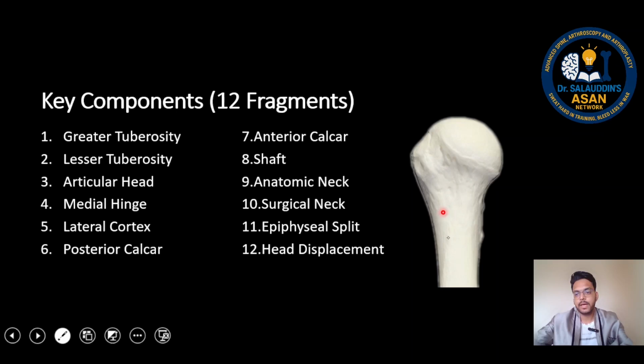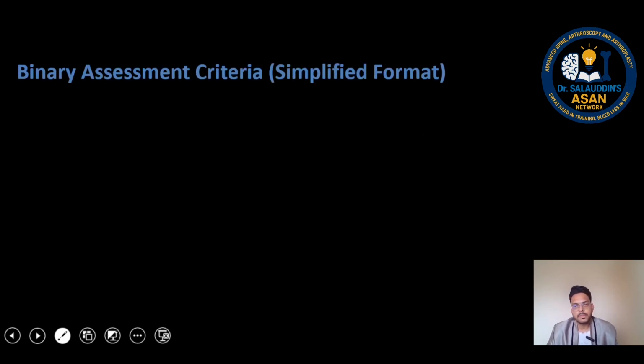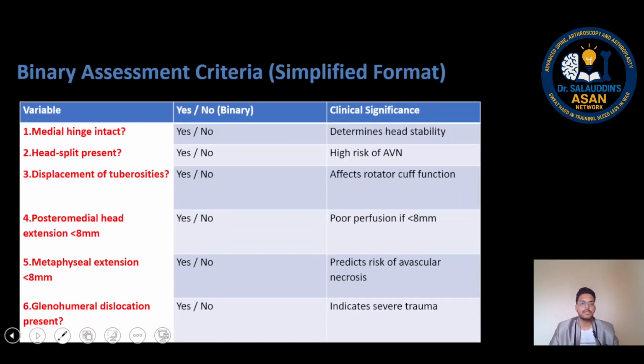The posterior-medial calcar will be behind this, and the anterior calcar, and the surgical neck, the anatomical neck, and epiphyseal split and head displacement. These are the 12 fragments which he is talking about, and these are used for assessing the avascular necrosis of the humeral head.